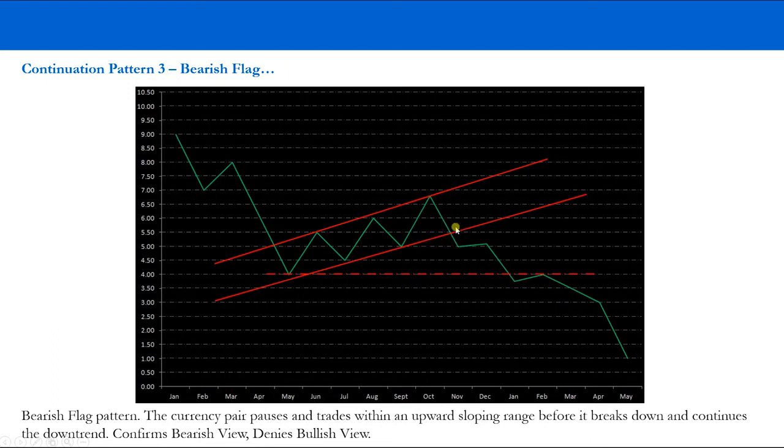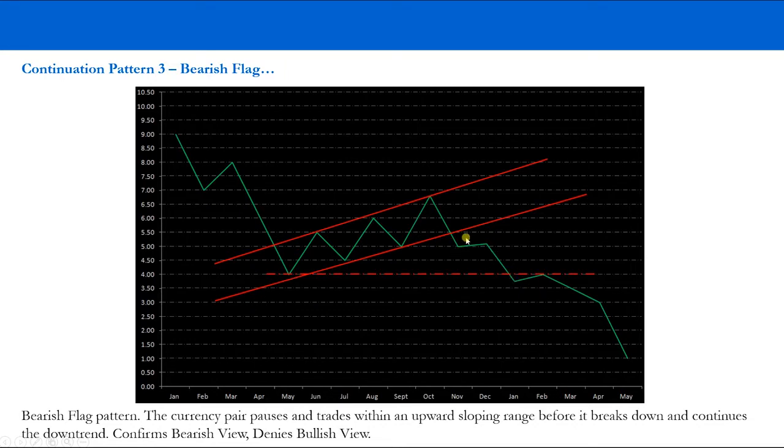So if we're here, for example, and we have a bearish predisposition and we see the channel break to the downside, this is a green light for us on the traffic light. We're looking to commit capital here. Also, our second most important area is the low of the flag in the bearish example, the low of the bear flag. If we see at this time the currency pair breaking through the level of the low put in previously within the channel, this is also a green light.